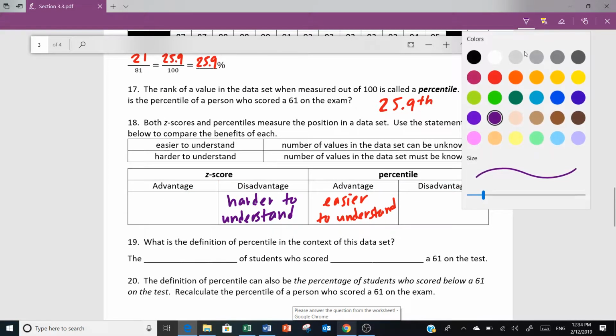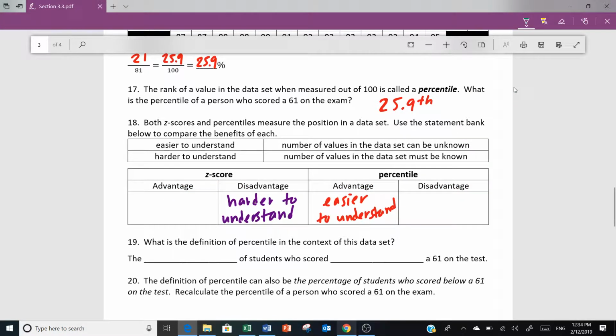Okay, what about the other two? Which of them do we have to know the number of values? What are the only two things we have to know for z-score? Mean and standard deviation. There are actually many different ways of finding mean and standard deviation. We're going to find out how to even approximate those when you don't even know the number of values in the data set. But for the percentile, did you have to know the number of values in the data set? What were they in the last one? 81, did we have to know that?